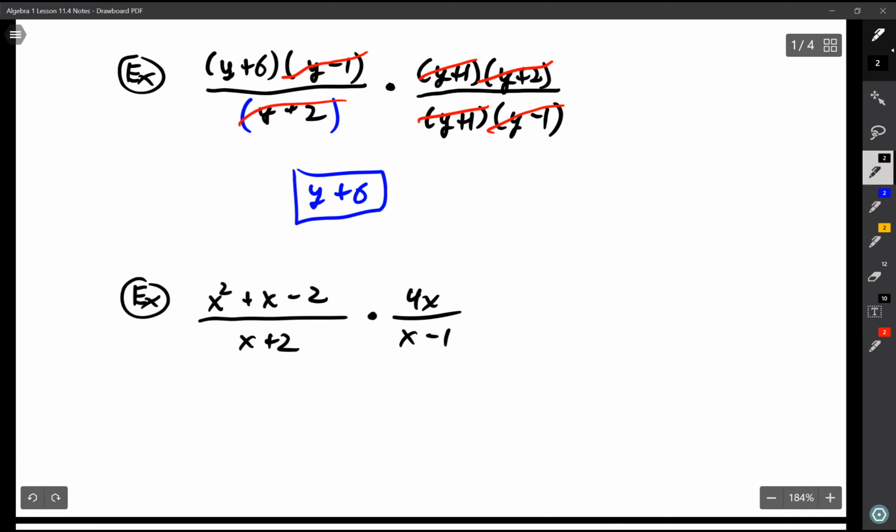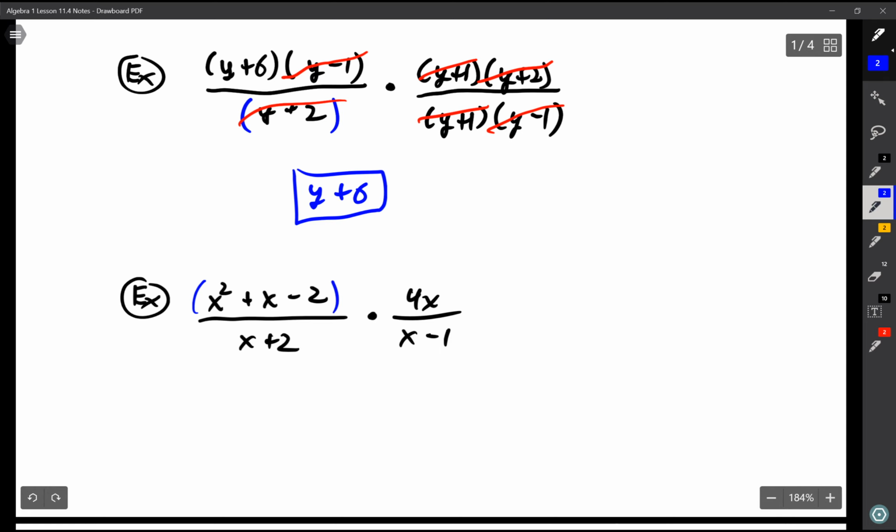So we could do some multiplying here right off the bat. In which case it would be this whole chunk, x squared plus x minus 2 times 4x. I could do that. I'm going to get an x cubed going on as my first term because the x squared times 4x is going to give me a 4x cubed.